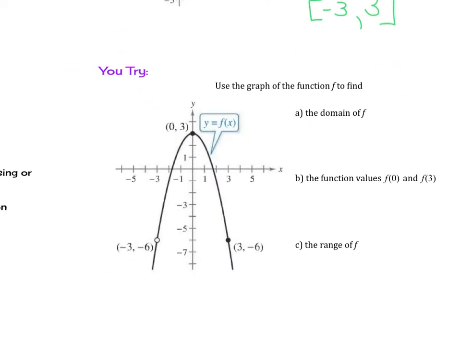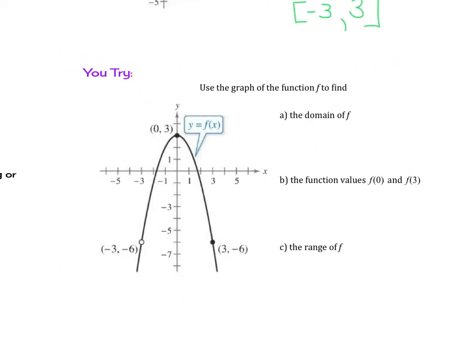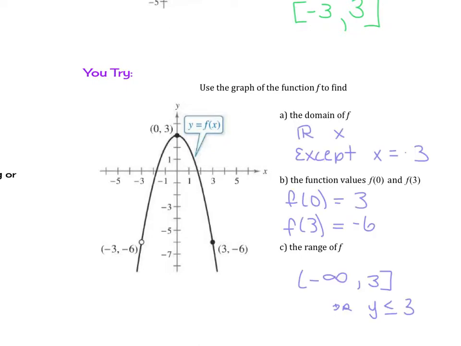So we're going to try this example here. Use a graph of the function f to find the domain, the function values f of 0 and f of 3, and the range of f. If you try this out, the domain is all real numbers x, except x equals -3.